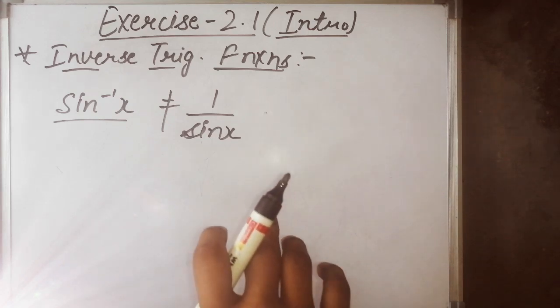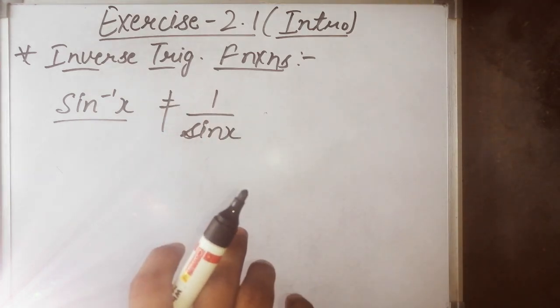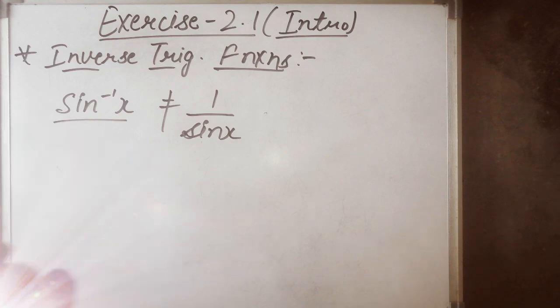There are some principal values of inverse trigonometric functions along with their domain and range. I'm making their table, so for that please pause the video for a while. Before I make the table, let me tell you a few key points.